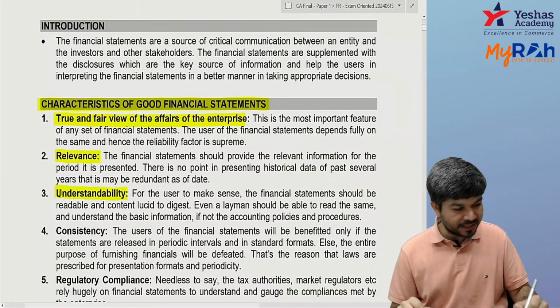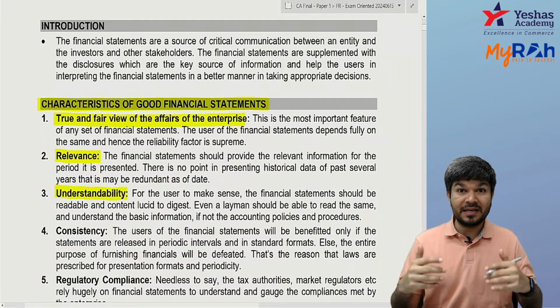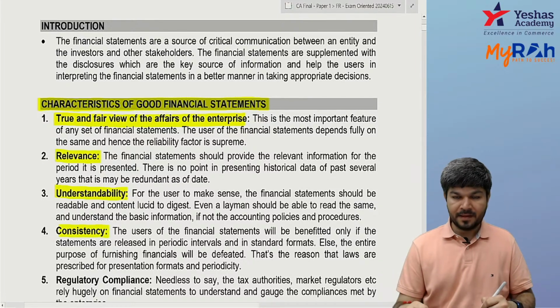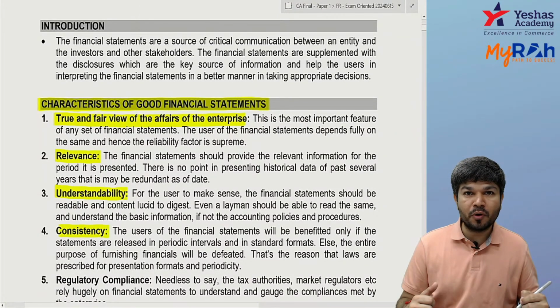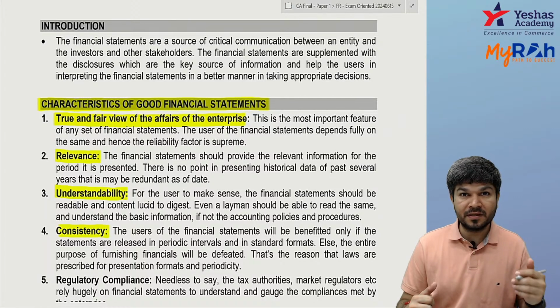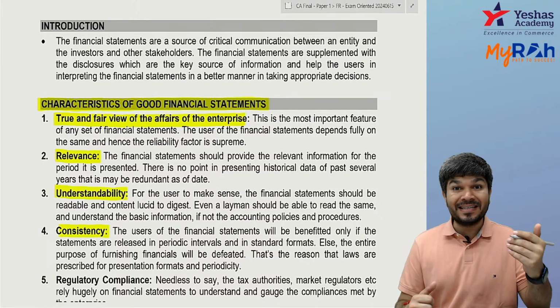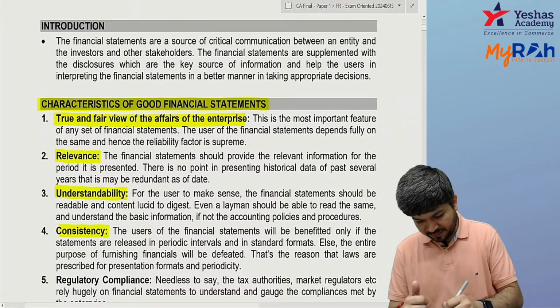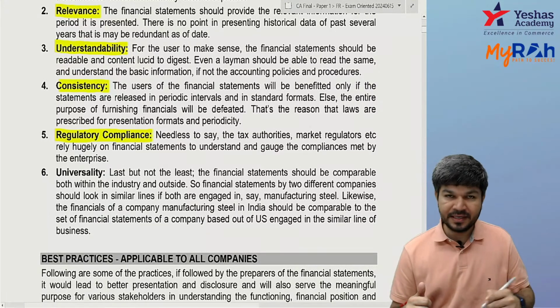Third, your financial statement needs to be understandable. Okay, the financial statement should be understandable. Then it should be consistently prepared. The accounting policies which you're following should be consistently followed. Change in accounting policy, the proper disclosure, proper treatment has to be given as per the relevant Ind AS. Fine. You need to comply with regulatory frameworks.